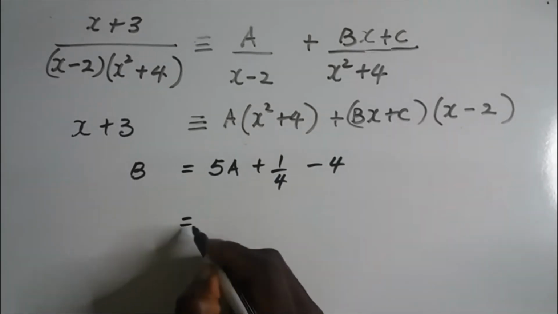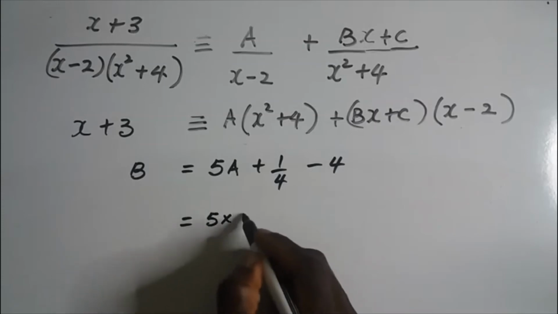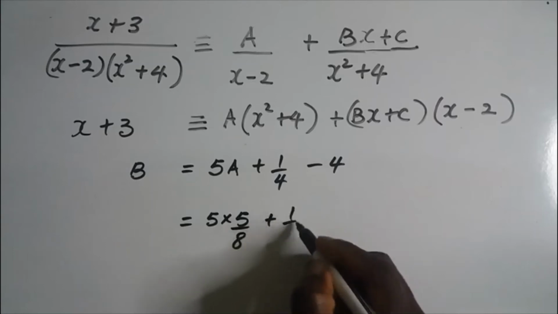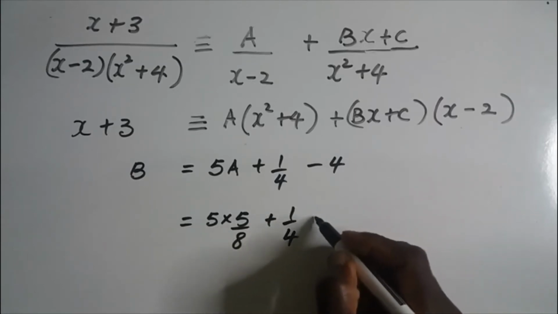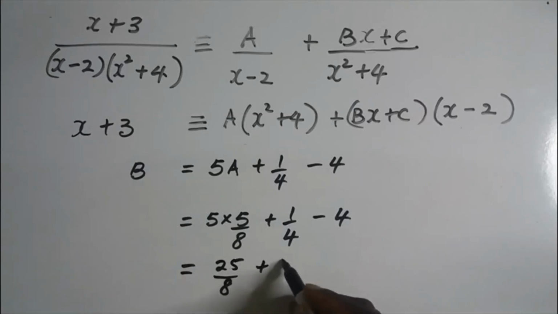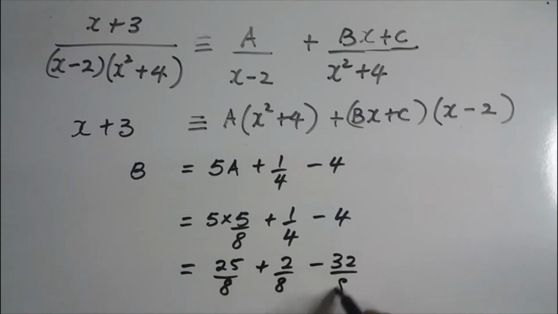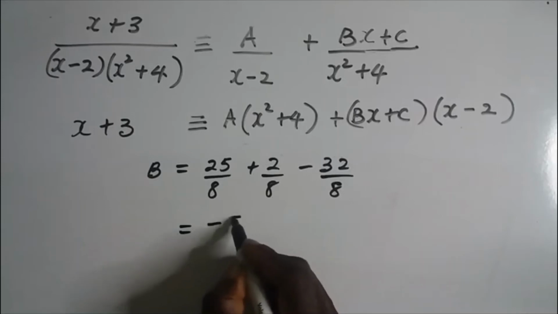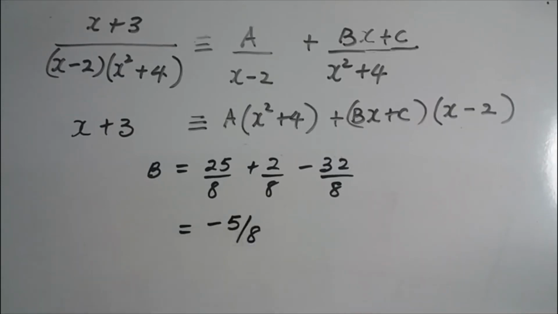So we write that 5A now is 5 times 5 over 8, add a quarter, minus 4. We'll have a common denominator of 8, so we'll make this 25 over 8, add 2 over 8, minus 32 over 8, which works out to be minus 5 over 8.